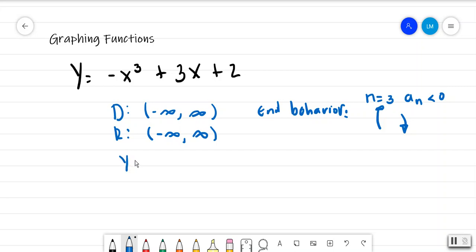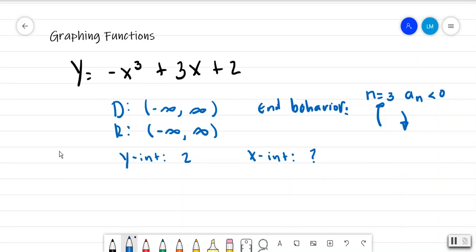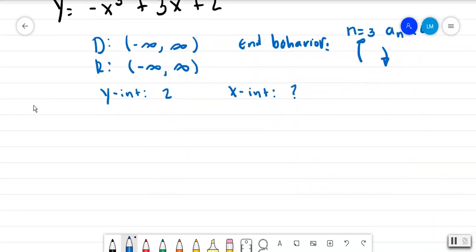I know that the y-intercept is just at 2, but I don't know about the x-intercepts just yet. We can find the x-intercepts as needed, but I don't think we really need them right now. You can leave this as a question, or if you want to, go back to it later.